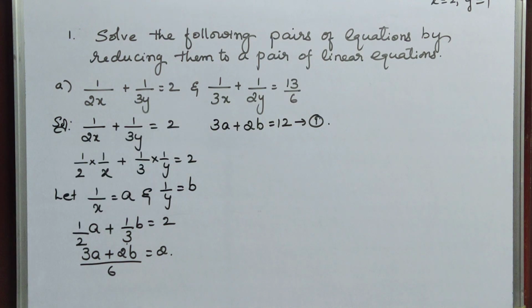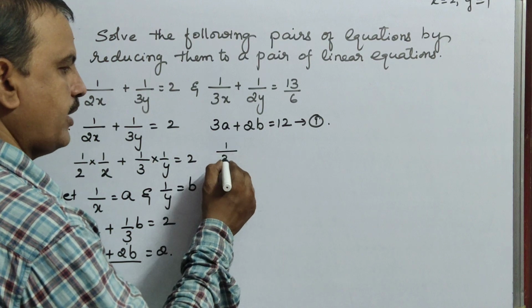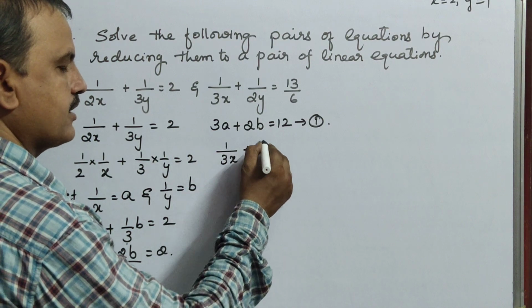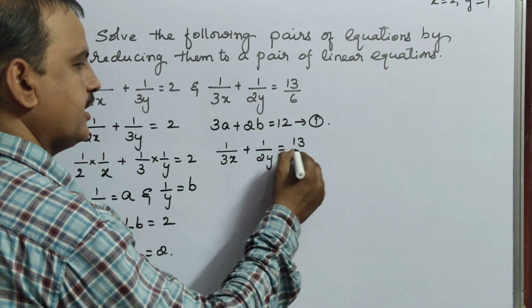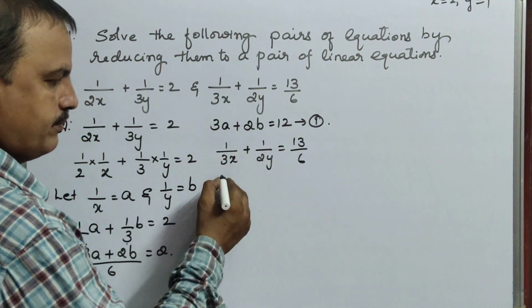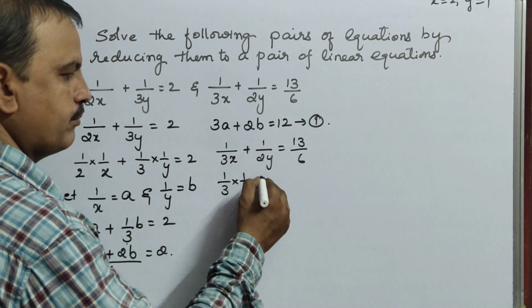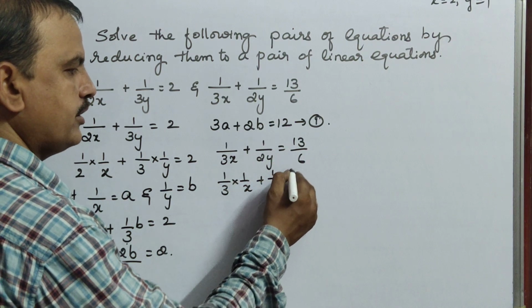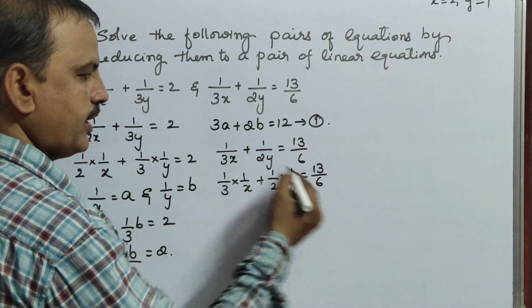Now take out the second equation. What is the second equation there? 1 by 3x plus 1 by 2y equals 13 by 6. Same: 1 by 3 into 1 by x plus 1 by 2 into 1 by y equals 13 by 6.